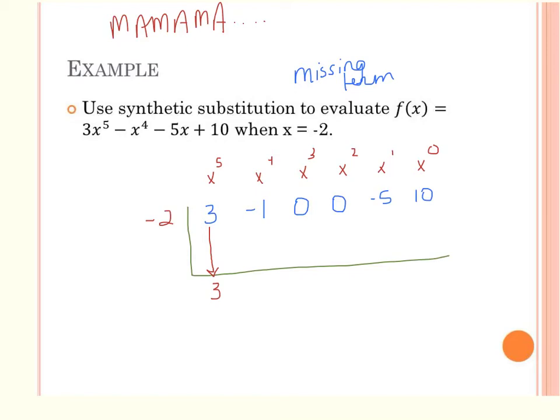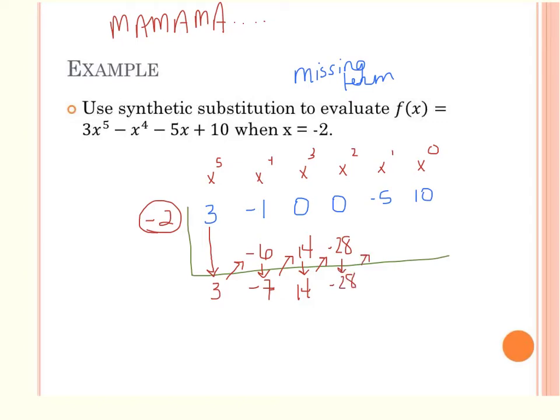So we're going to multiply, and you're always multiplying by this negative 2. So negative 2 times 3, we put it up here, is negative 6, and then we add these together and we get negative 7. Then we multiply again and put it up here. You're always multiplying by that negative 2, so you get 14. You add, it is 14. Multiply, you get negative 28. Add, you get negative 28.